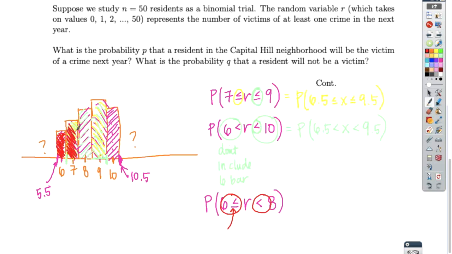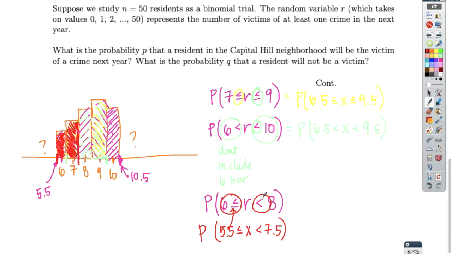Only include everything up to that bar, which would mean that my x values are going to start at 5.5, which is that left side of the 6 bar, and it's going to stop at 7.5, which is just on the left border of the 8 bar.